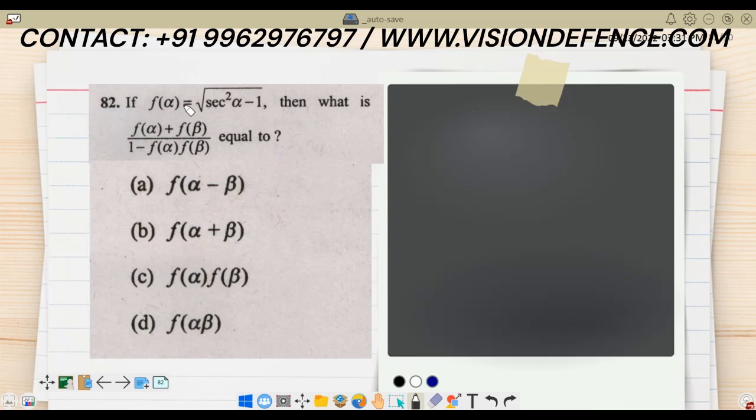So 82, then there's an f of alpha. Then there's an equation, so we're going to solve this. So f of alpha. Even at first glance, you can tell that f of alpha is just tan alpha, because this is going to be tan square alpha, root is going to be tan alpha. So what is this?